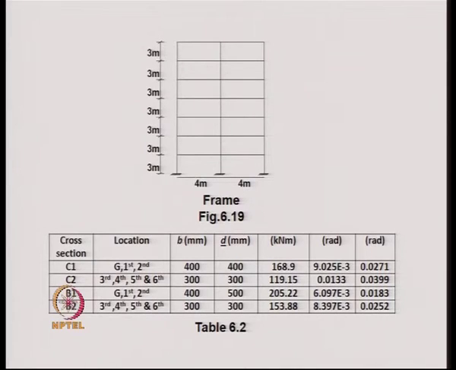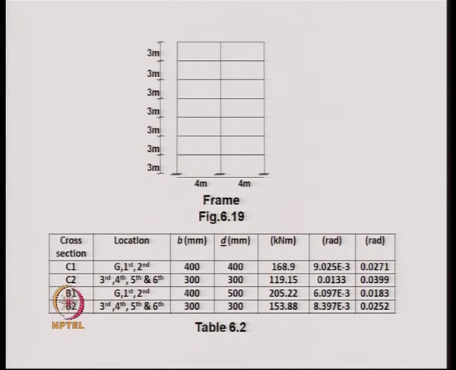The properties of the frame are given over here. We see that we have grouped the cross sections in C1, C2 and B1, B2. C1, C2 are the two groups of columns, and B1 and B2 are the two groups of the beams.